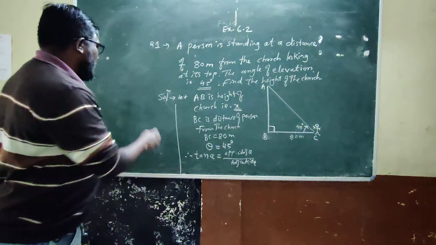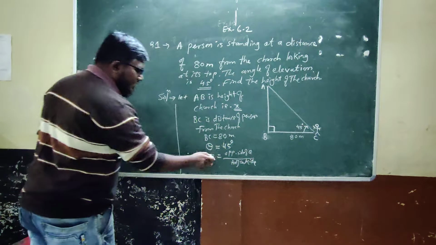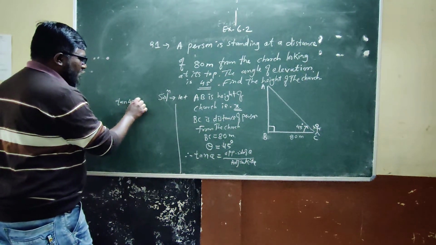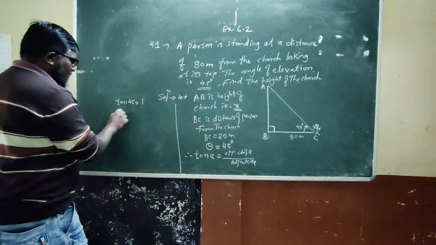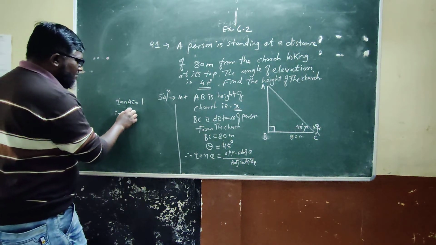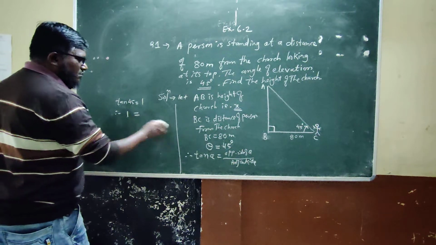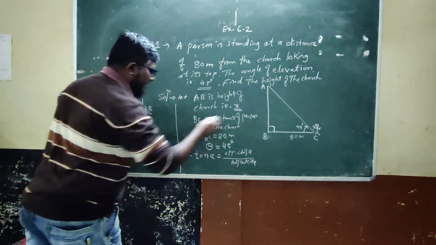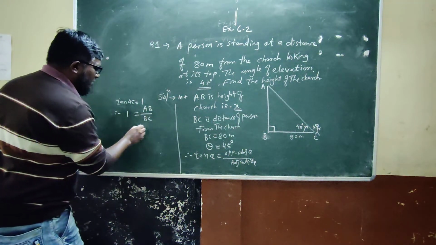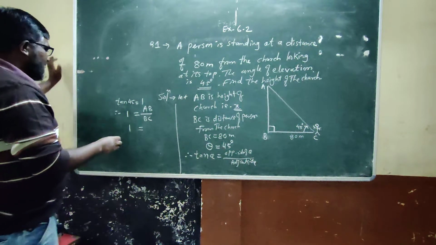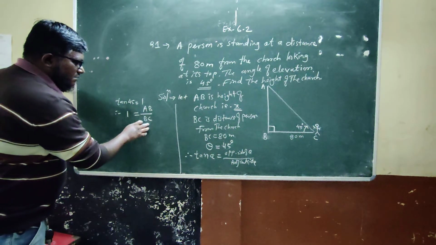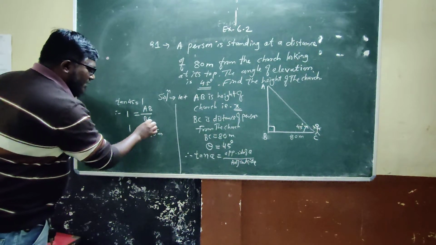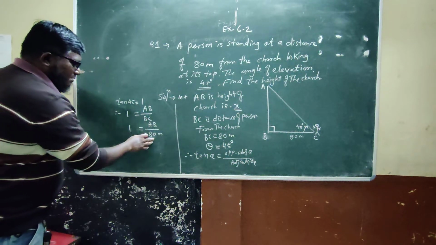The opposite side of theta is AB. Tan 45 is equal to 1. Therefore instead of tan 45 we put 1, equal to the opposite side AB upon the adjacent side BC. We substitute the value BC equal to 80 meters, so 1 equals AB upon 80 meters.